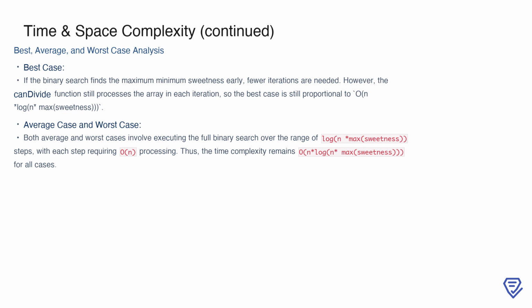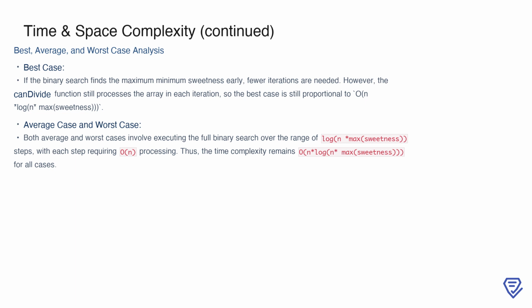When analyzing the best, average, and worst cases, we see that the time complexity remains consistent across scenarios. In the best case, the binary search might converge to the optimal solution with fewer iterations. However, even in this case, each iteration of the binary search still requires processing the entire array via the CanDivide function, resulting in a complexity proportional to n log(n * max sweetness).